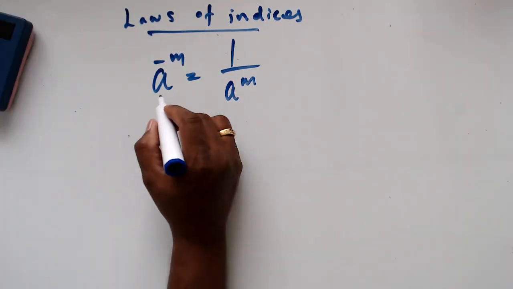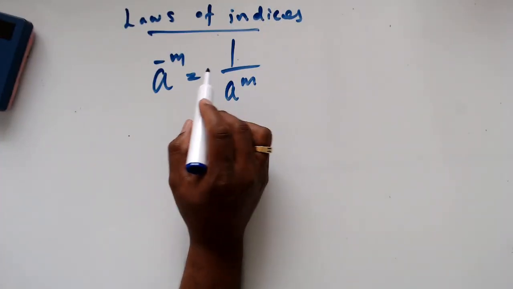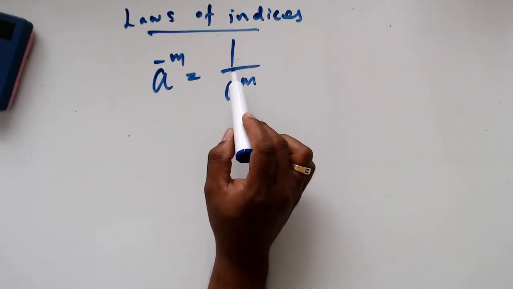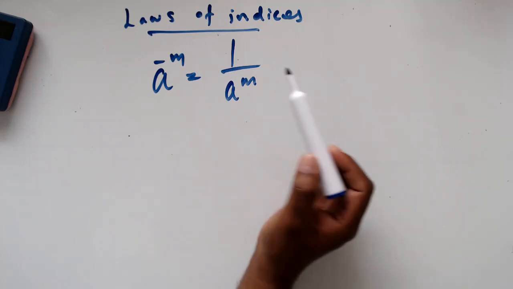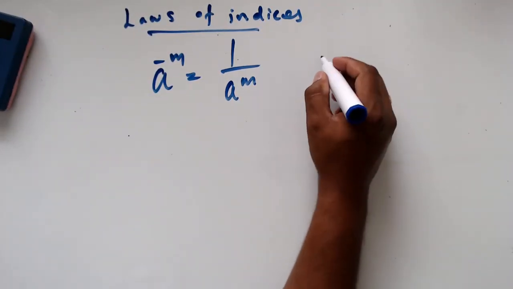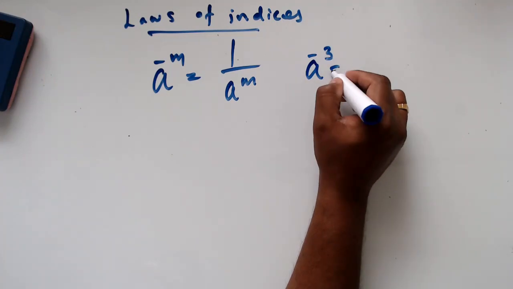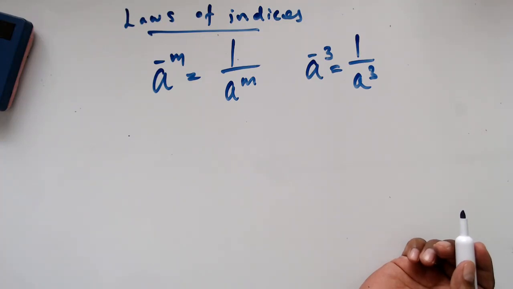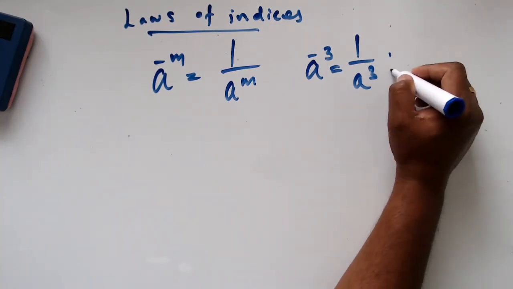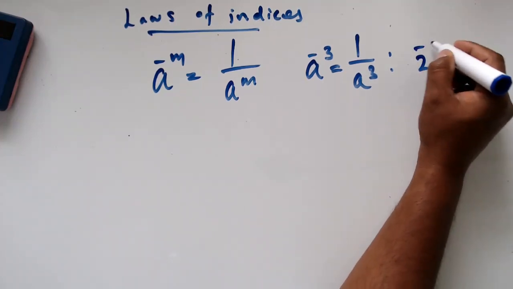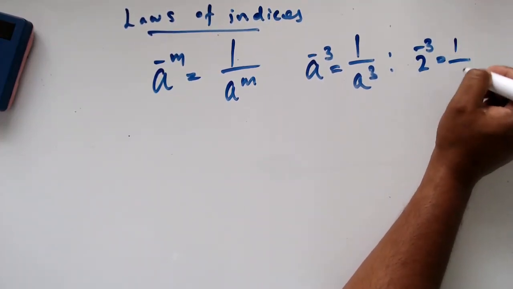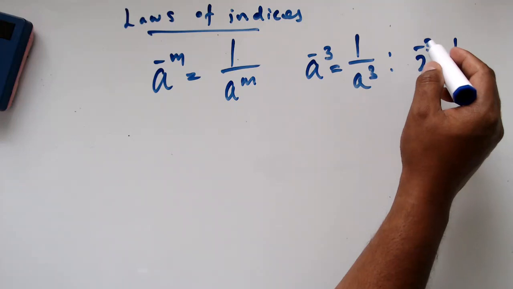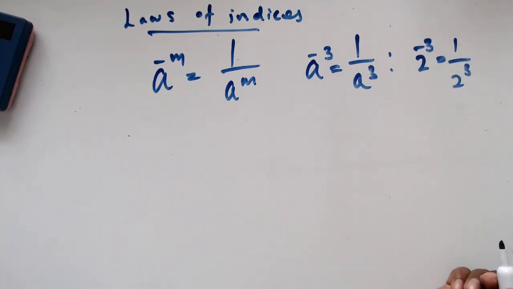The other one is a to the power minus m, negative indices. We turn them to positive by writing 1 over. For example, I can write a^(-3) as 1 over a^3. Likewise, 2^(-3) I can write as 1 over 2^3. This is a way of changing negative indices into positive indices.